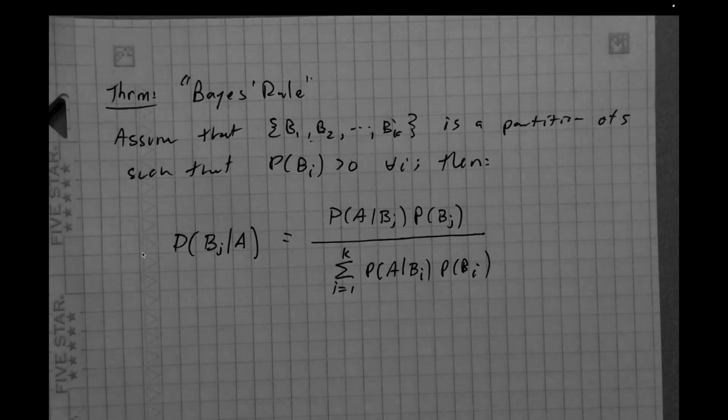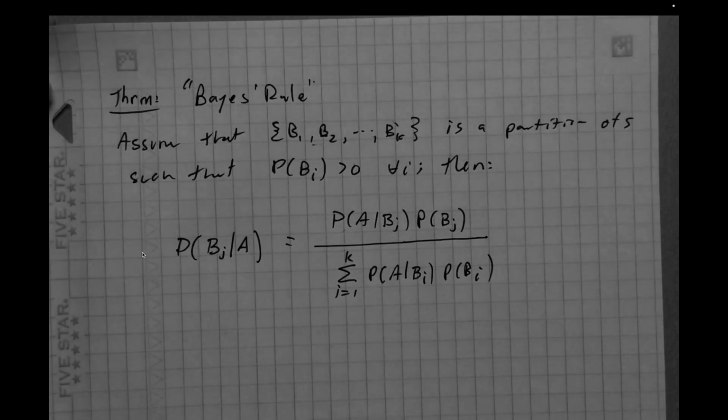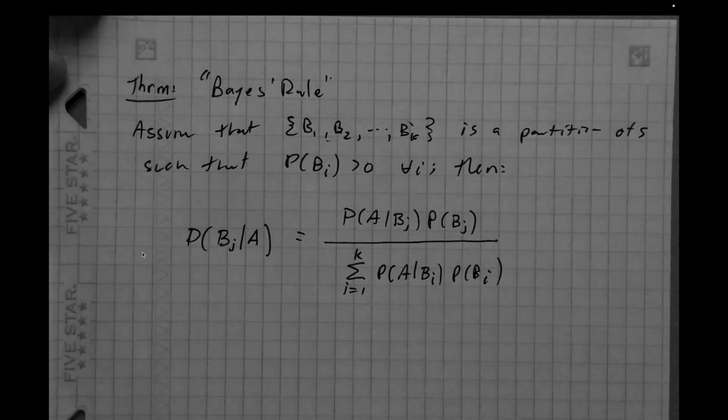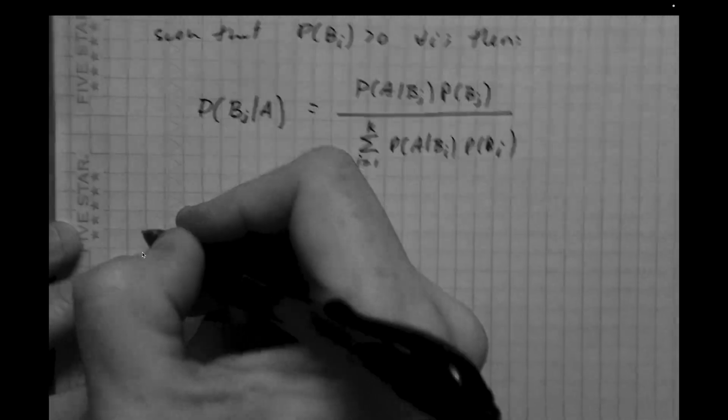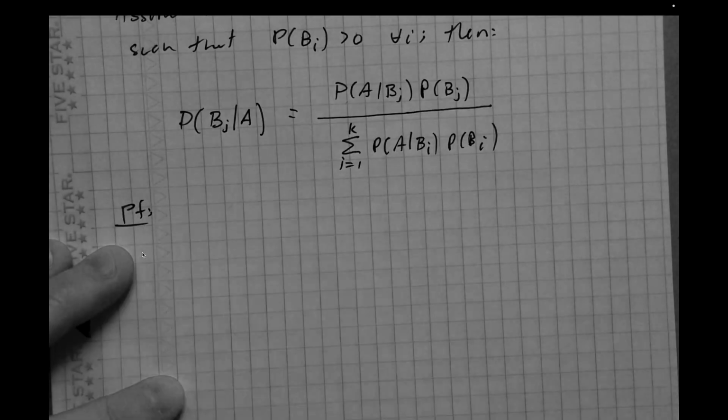Right? And so this seems a little strange at the onset, but it actually follows very quickly from the law of total probability. Let's walk through the proof quickly, and then we'll try to make more sense of this through some examples. So how do we prove this? You'll see it's an immediate consequence.